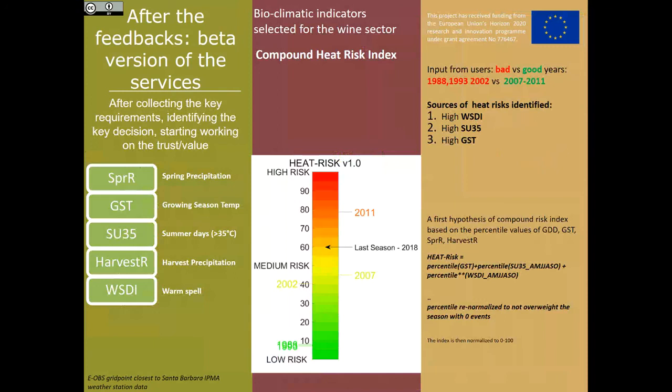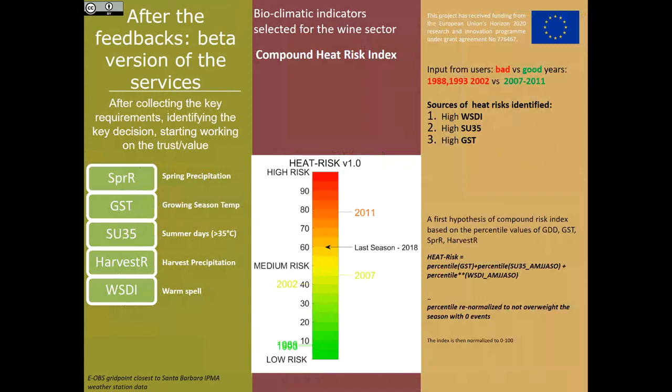At the beginning we had a very slight difference, because we didn't include the harvest precipitation, but the growing degree days.